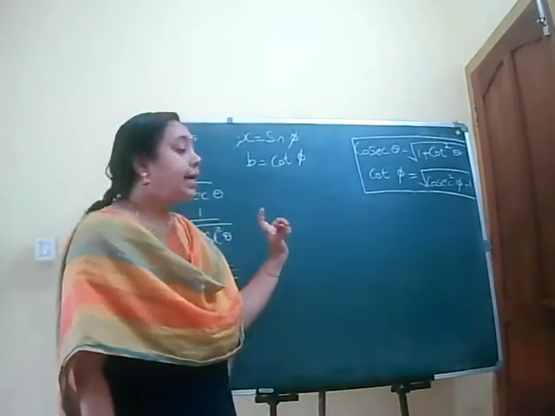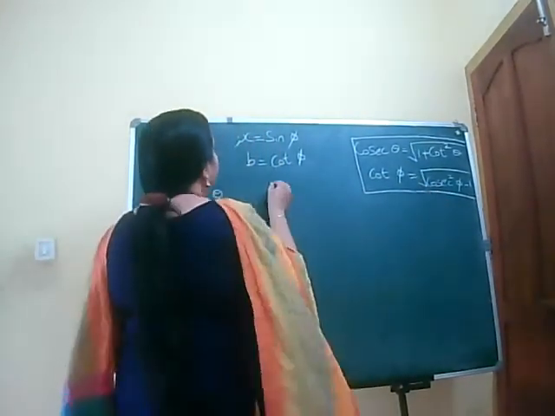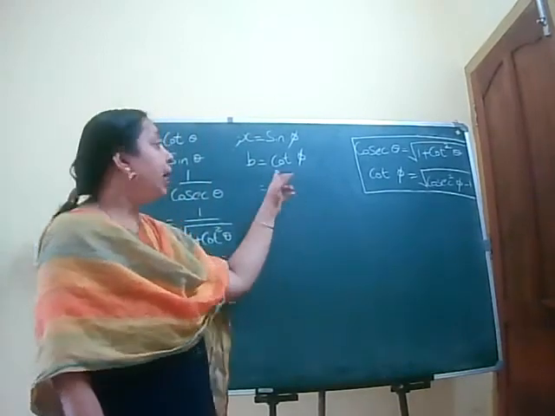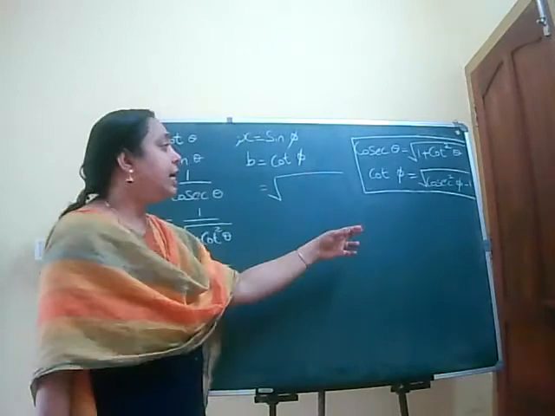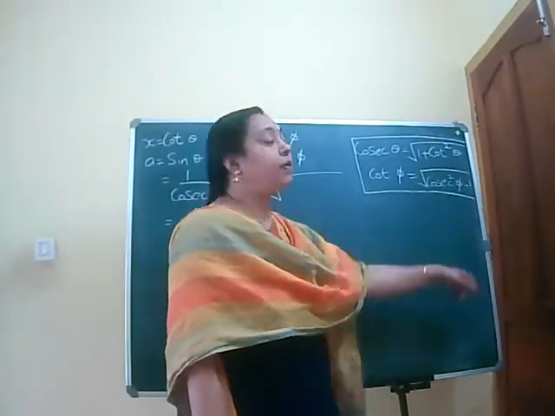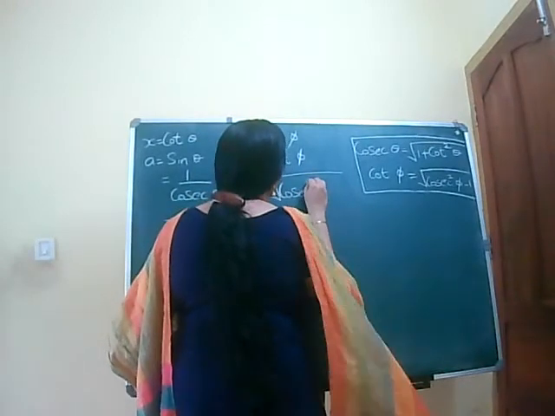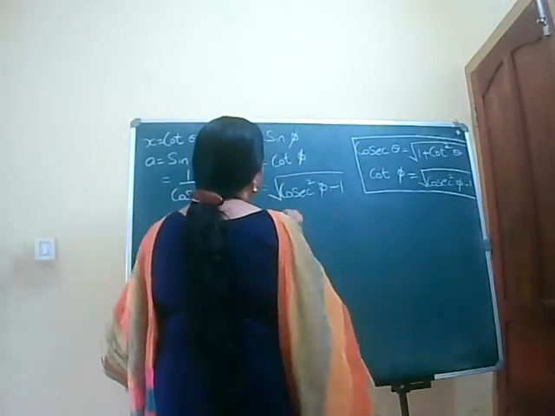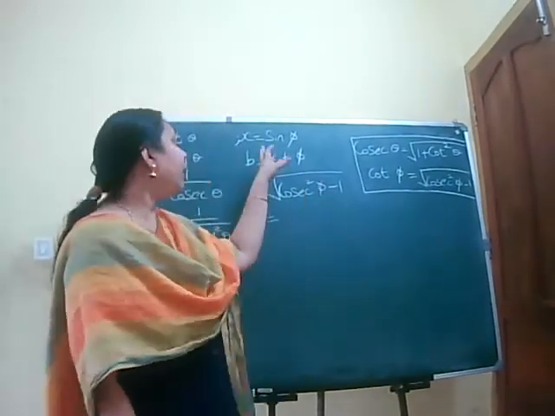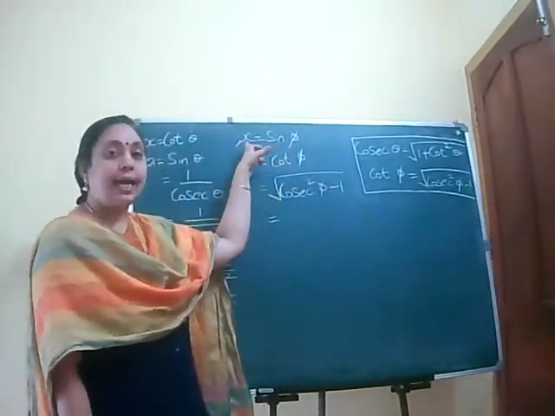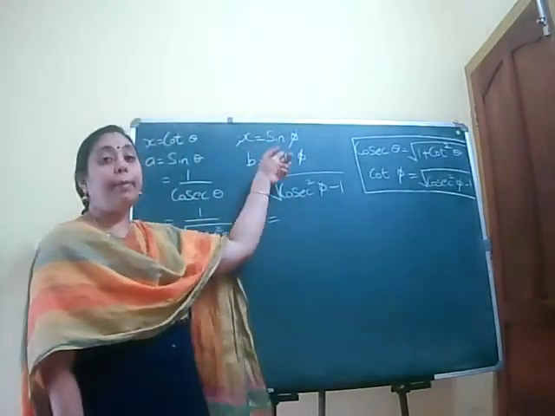Similarly, take substitution for cot phi. That is, B becomes square root of cosec square phi minus 1. We have taken substitution for sin phi as x, then cosec phi is 1 by x.